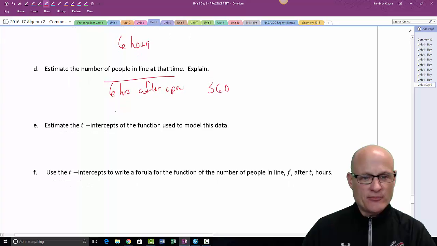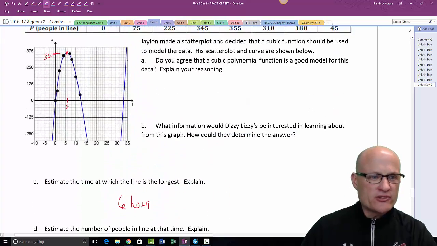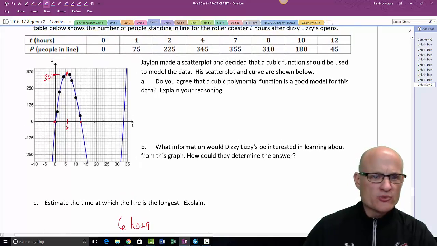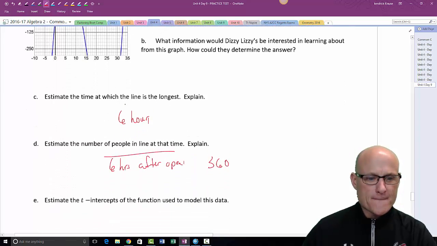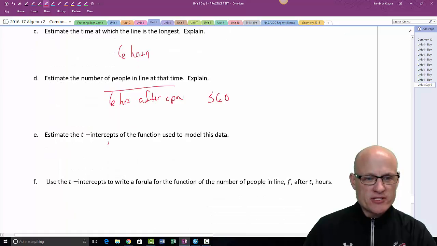Estimate the t-intercepts of the function used in this model. So the t-intercepts are going to be 0. And let's see. That thing represented 12, so this looks like it's 13, 0. So the t-intercepts are t equals 0 and t equals 13.